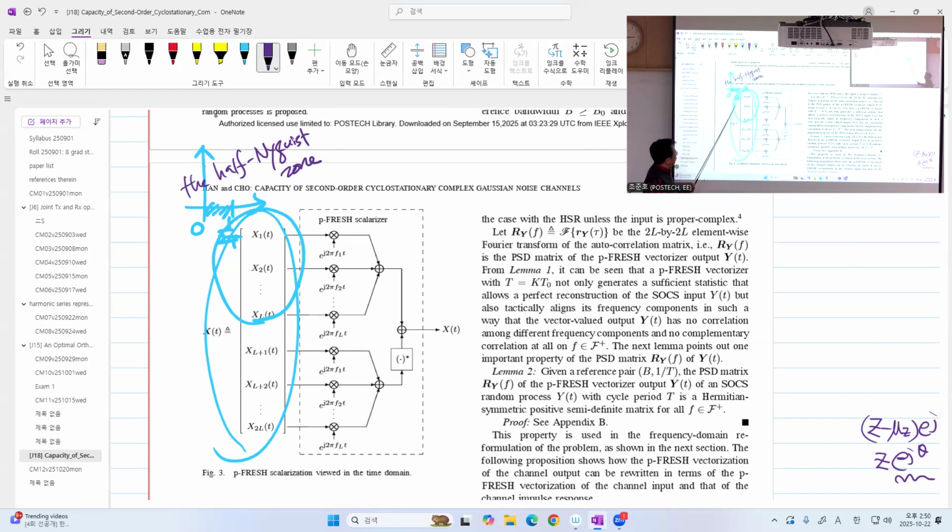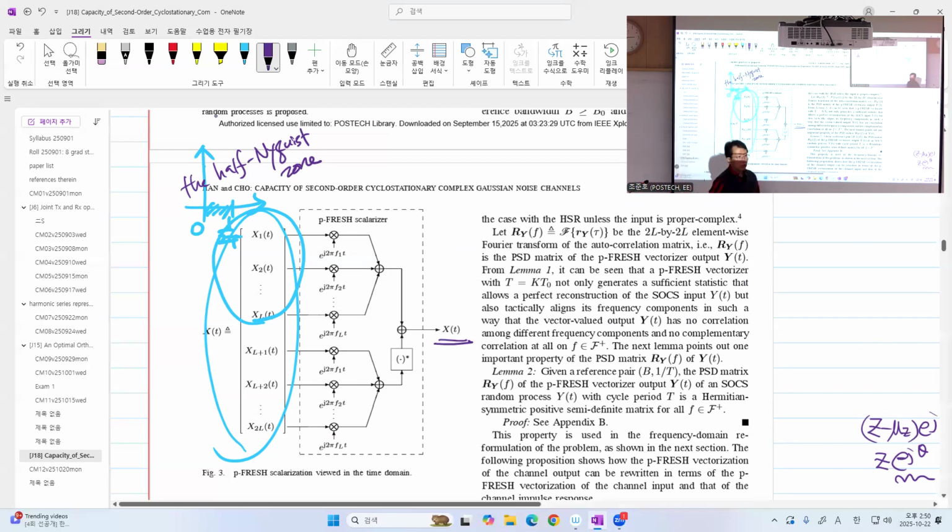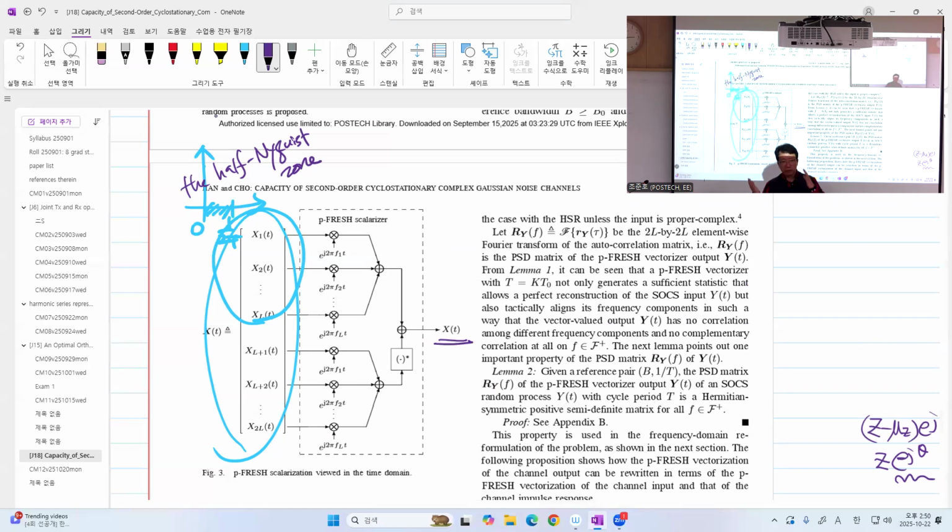And if you shift them and add, you have one component. And here you do the same thing, but again, you conjugate the summation. And sum up, you have original x back. Okay? So in this way, similar to the fresh vectorizer and fresh scalarizer, we have properizing fresh vectorizer and properizing fresh scalarizer.